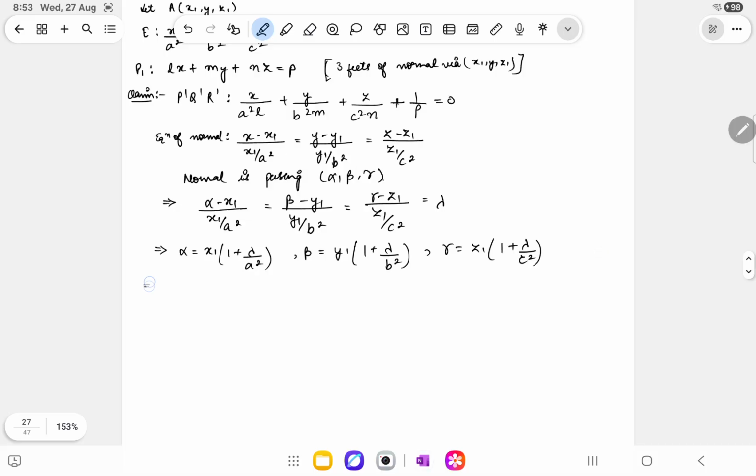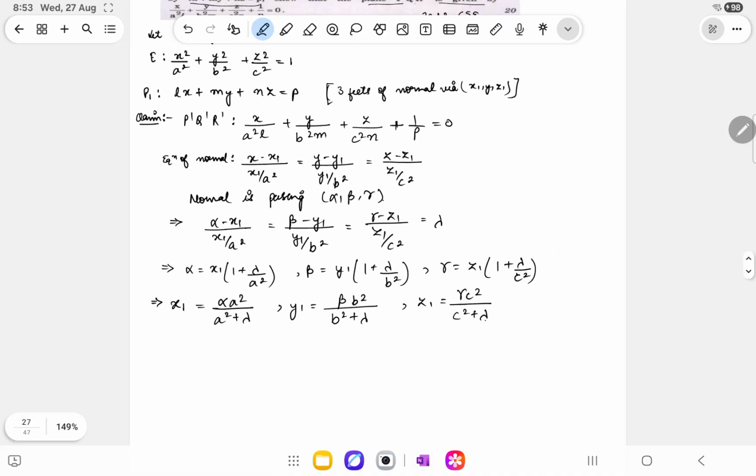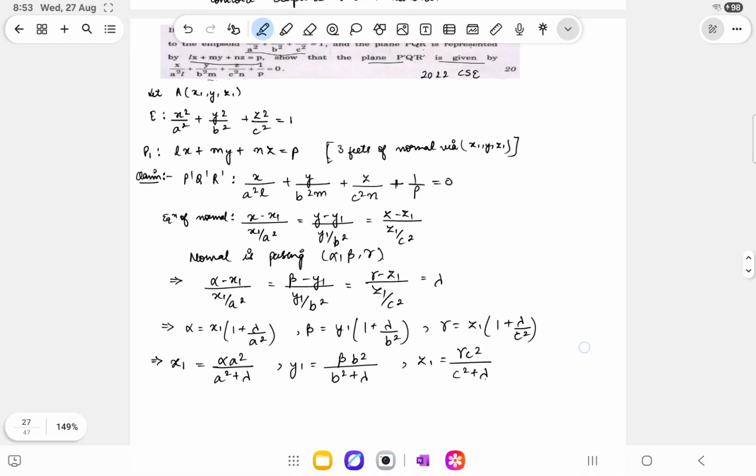So if I equate it, I'll get x1 as alpha a square upon (a square plus lambda), y1 as beta b square upon (b square plus lambda), and z1 as gamma c square upon (c square plus lambda). So these are basically my points x1, y1, z1.